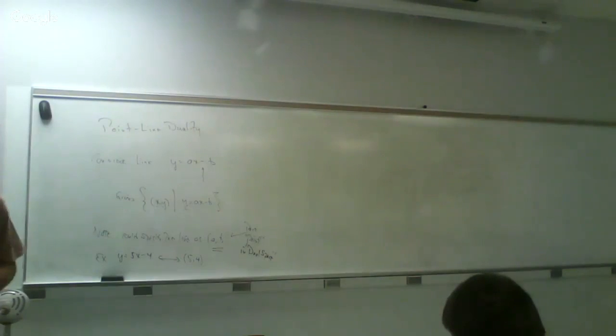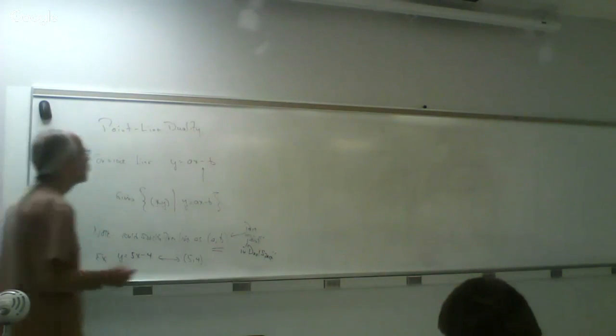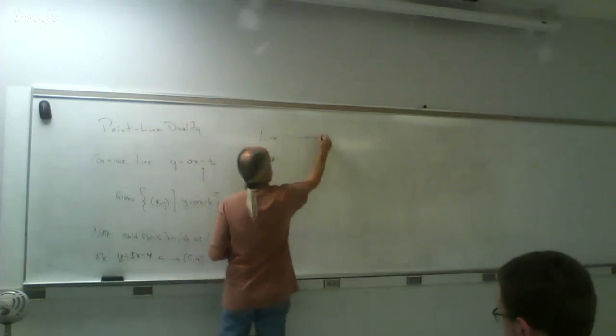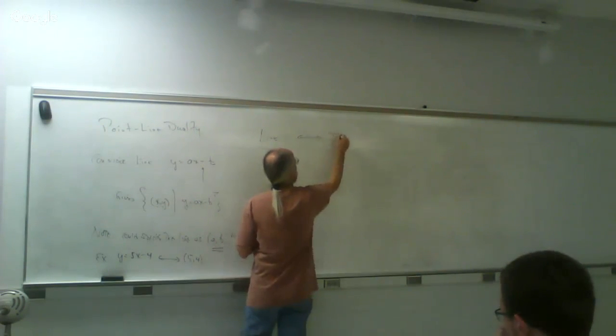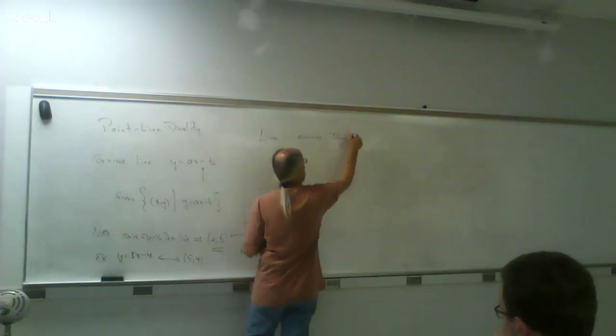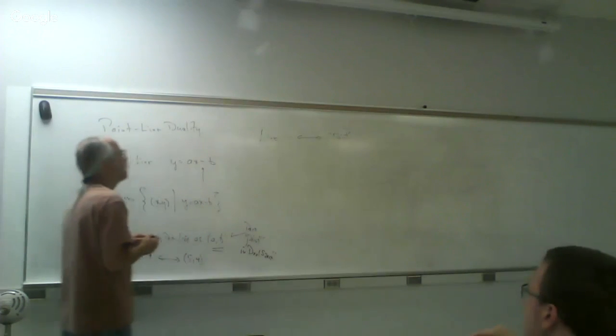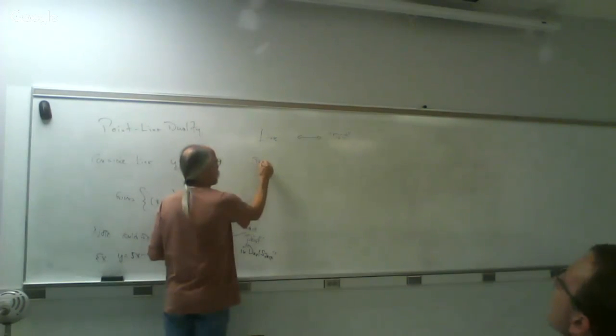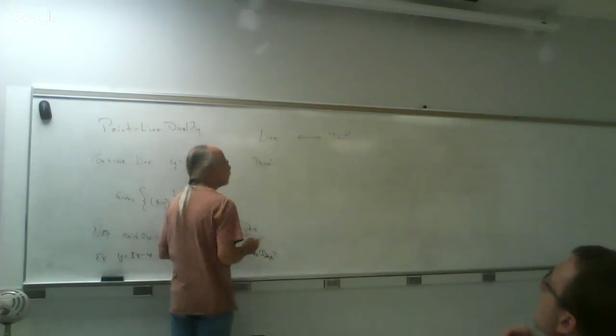When you do that, I'm talking about a line to a point relationship. When you do that, this is called the primal space.